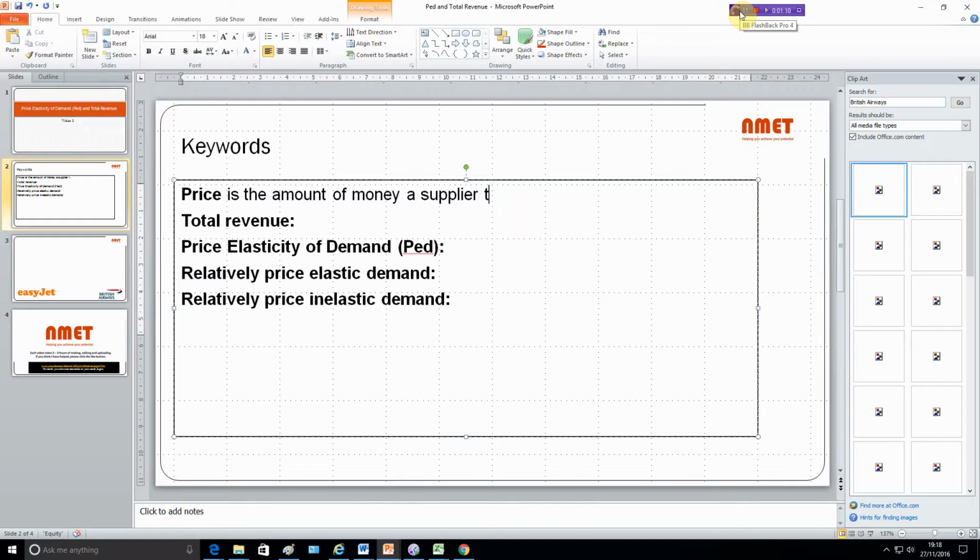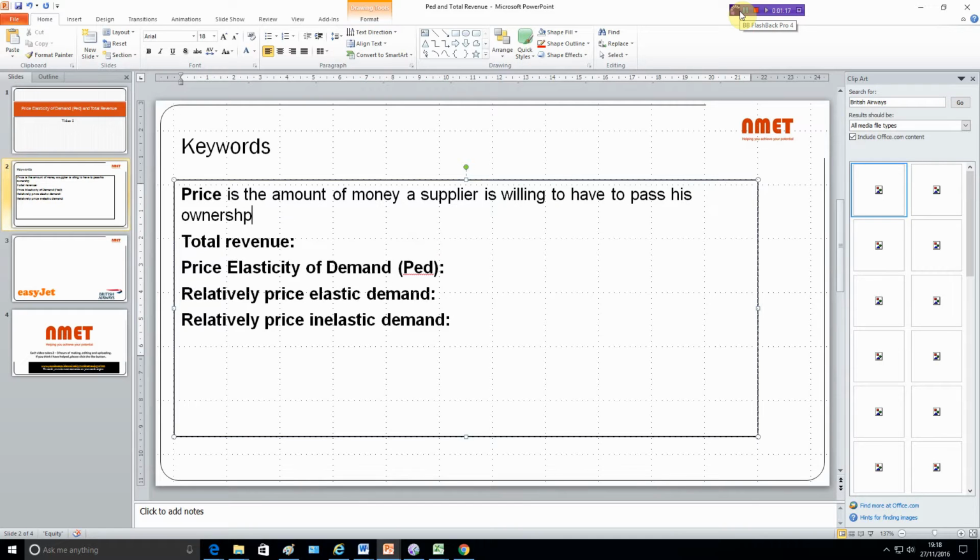It's the amount of money a supplier is willing to accept to pass his ownership rights to a consumer for an economic good. In other words, the amount of money the consumer has to pay to the supplier to possess the ownership right to be able to consume that economic good.